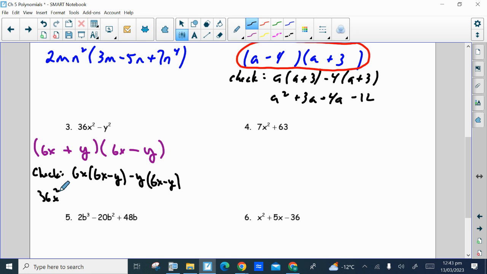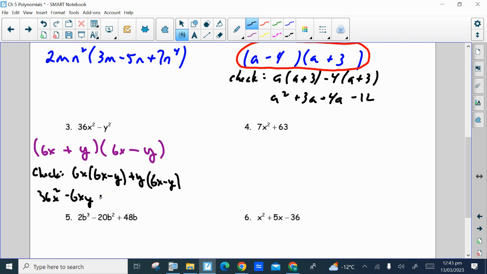So when you multiply, you'll get the 36x squared. 6x times negative y is negative 6xy, and 6x, just need to check this. This should have been a plus y, sorry, not a negative y.